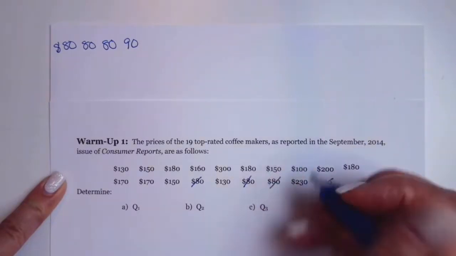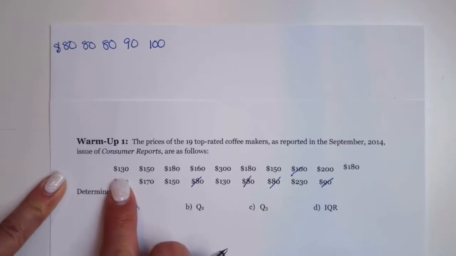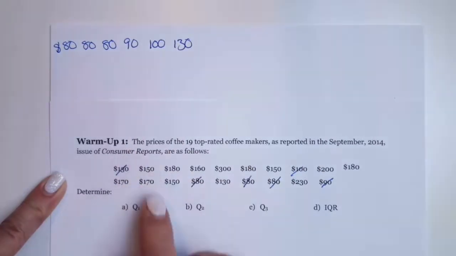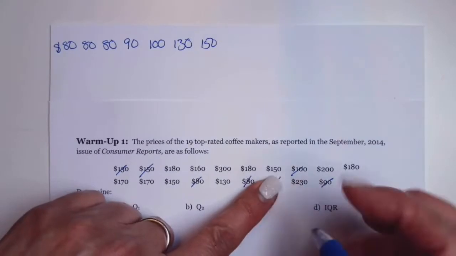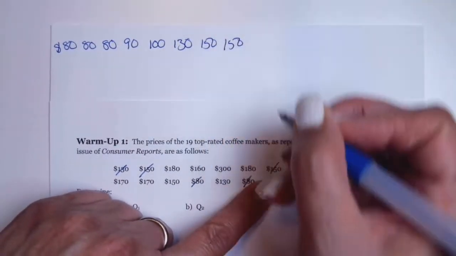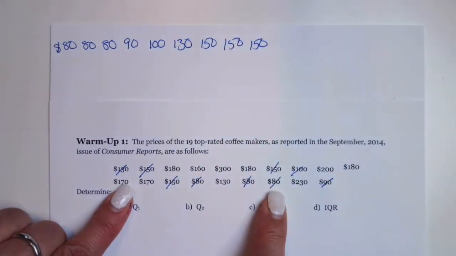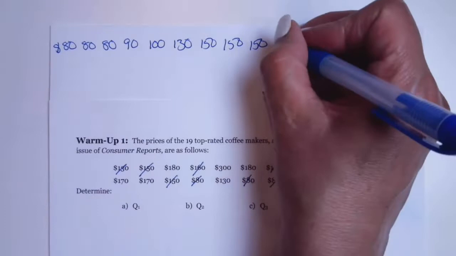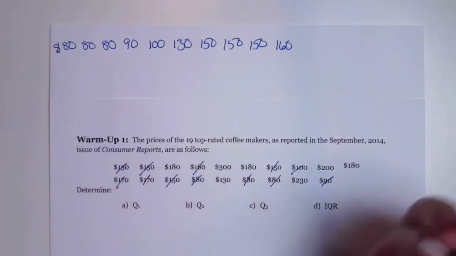Next one, I believe, is 100. 130. 150. And there's more 150. There's another 150 here. There's a third 150. Yes, that's it. And then our next one is 160. We have a 170 and a 170.